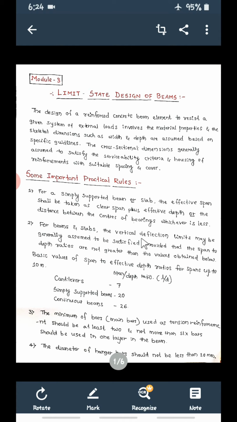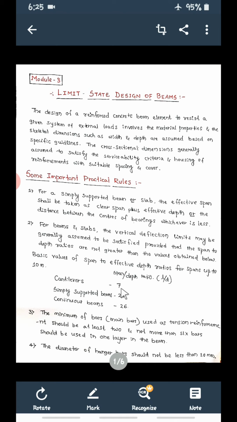For beams and slabs, the vertical deflection limits may generally be assumed to be satisfied, provided that the span to depth ratios are not greater than the values obtained below.